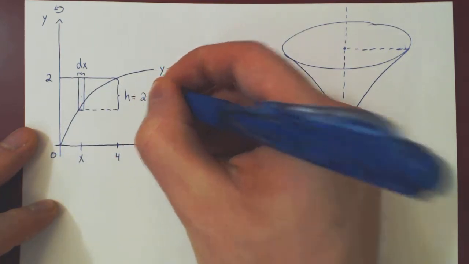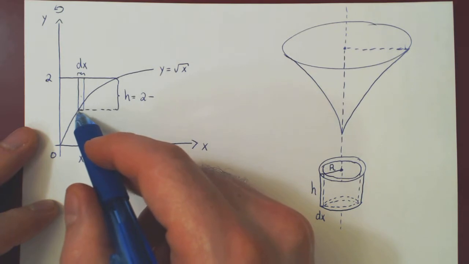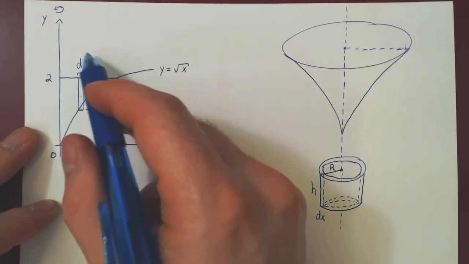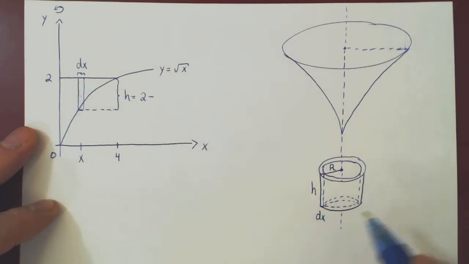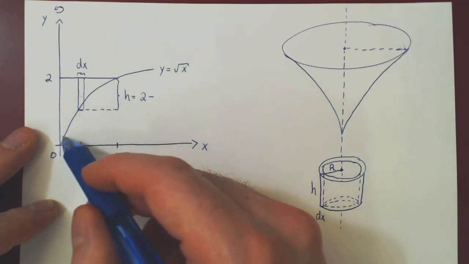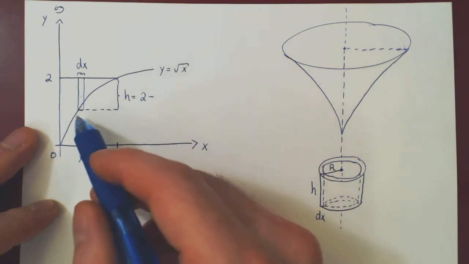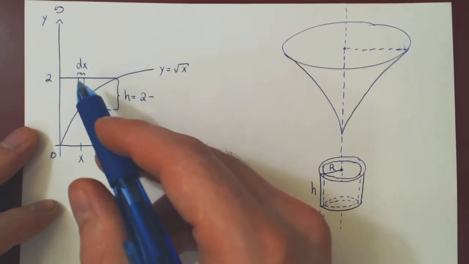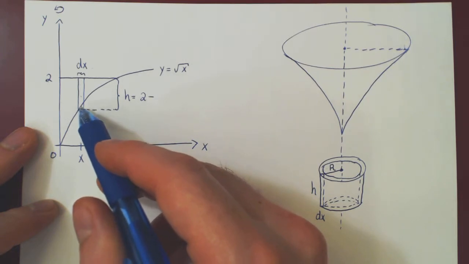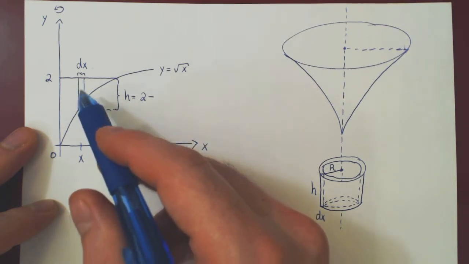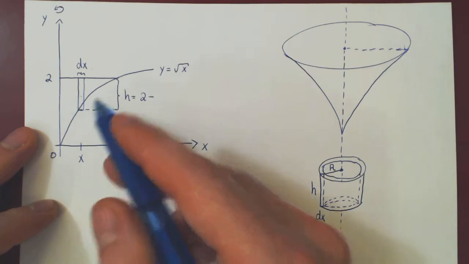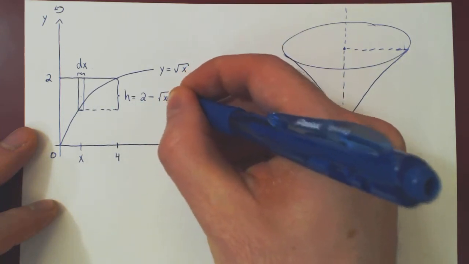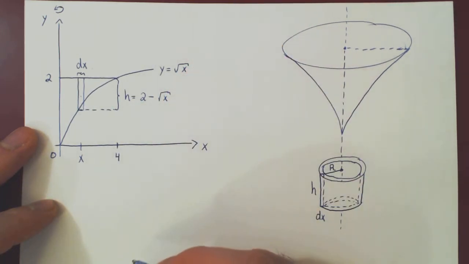So 2 minus the y value here being the smaller y value. As we have a dx, everything that we compute must be a function of x. But here we are on the curve y equals root of x. So the y value here is root of x. So the larger y value is 2. The smaller y value is root of x. Therefore, the height of the rectangle is 2 minus root of x. There you go.